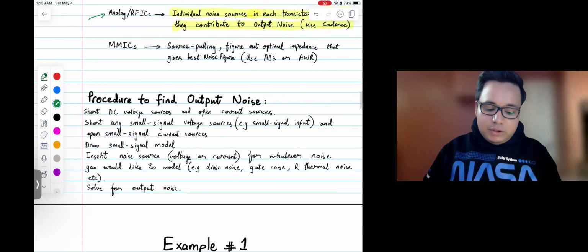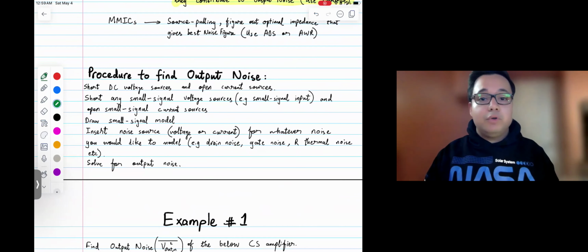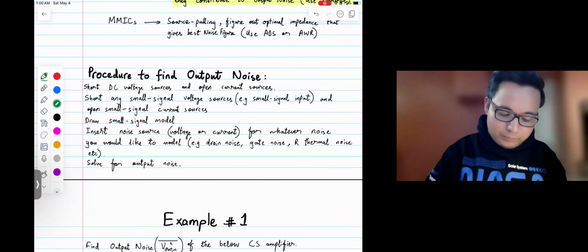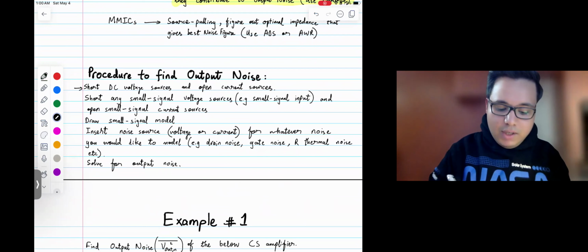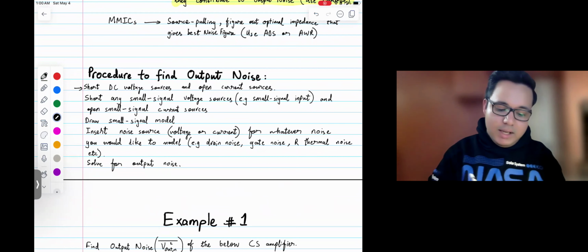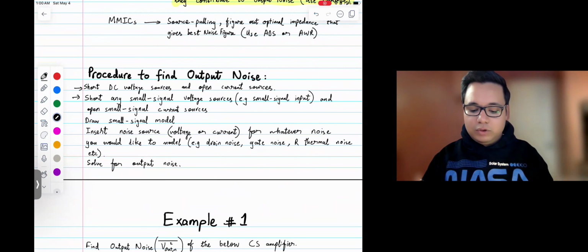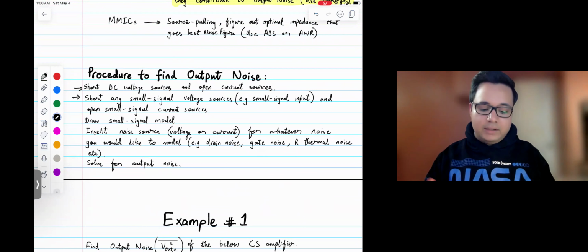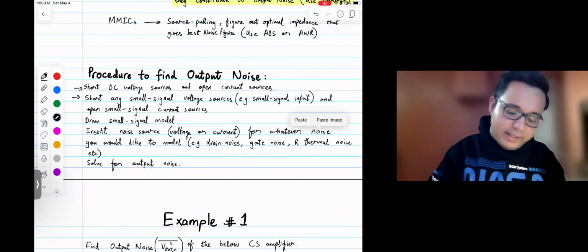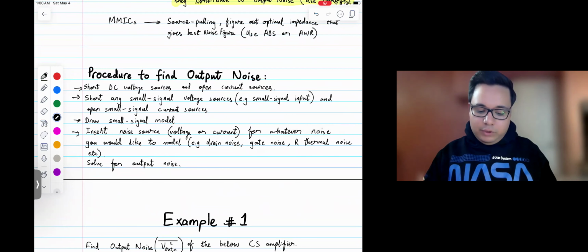Okay. So let's look at the procedure or the steps to find the output noise of any given circuit. We can start with shorting the DC voltage sources and opening the current sources. And then we can also short any small signal voltage sources and open any small signal current sources. Then we can draw the small signal model, and we can insert the noise source.